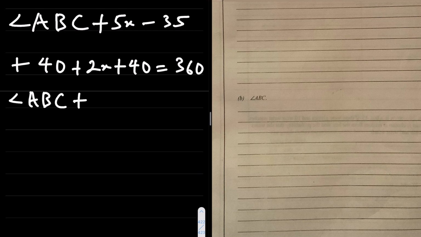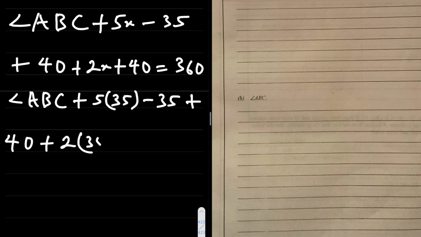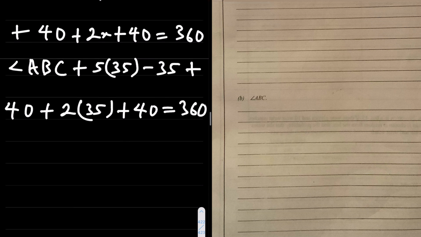plus 5 times x, which is 35, minus 35, plus 40, plus 2 times 35, plus 40 equals 360.